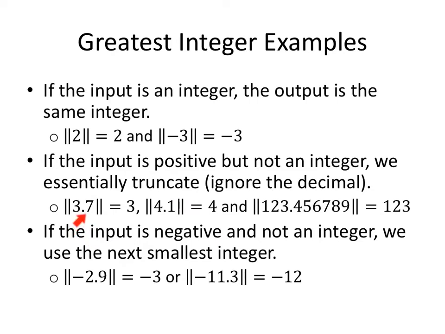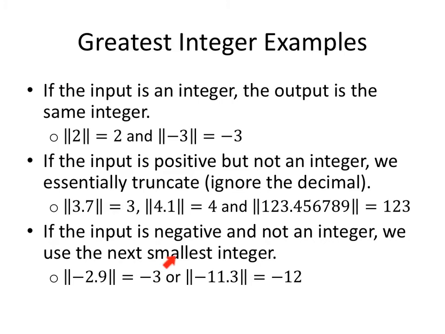So what's the largest integer less than or equal to 3.7? Well, 3 is the last integer before I get to 3.7. 4 is the last integer before I get to 4.1. 123 is the last integer before I get to 123.4567889. A pretty clever example if you ask me.